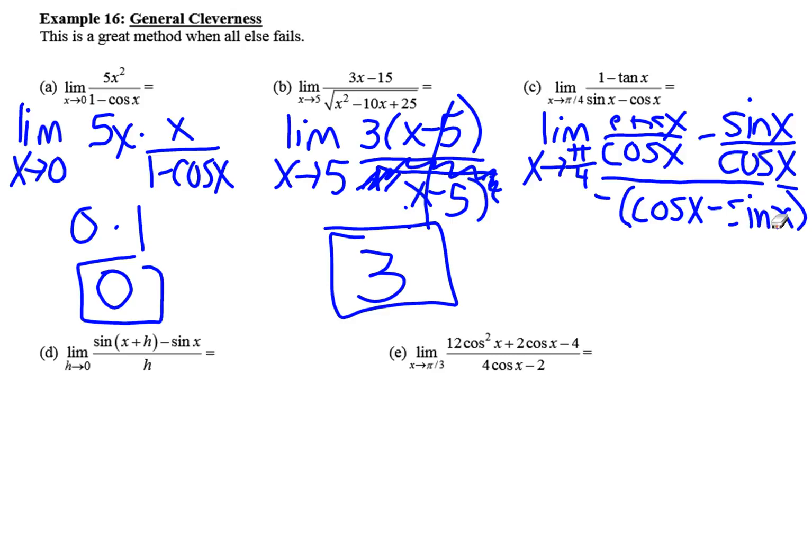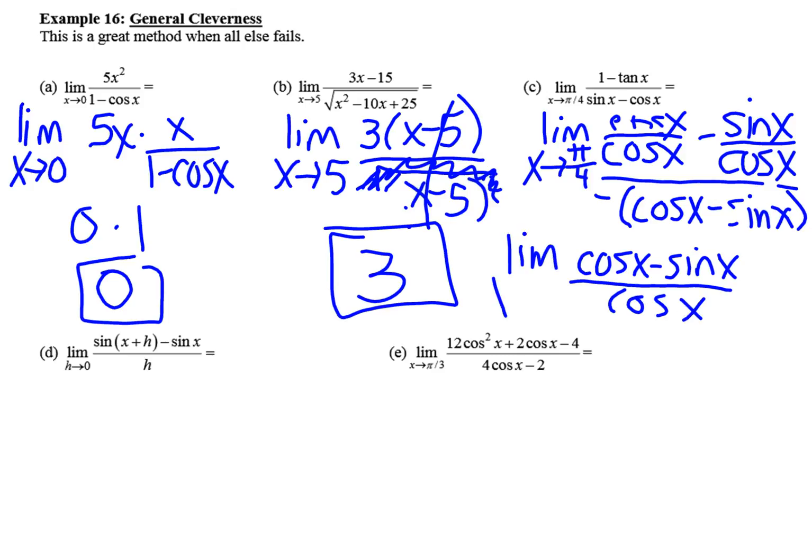Okay, in the top, if I combine it, I get cosine x minus sine of x over cosine of x. In the bottom, I could bring that to the top, and I get -1 times cosine x minus sine x. Guess what? Either way, it's canceling out.